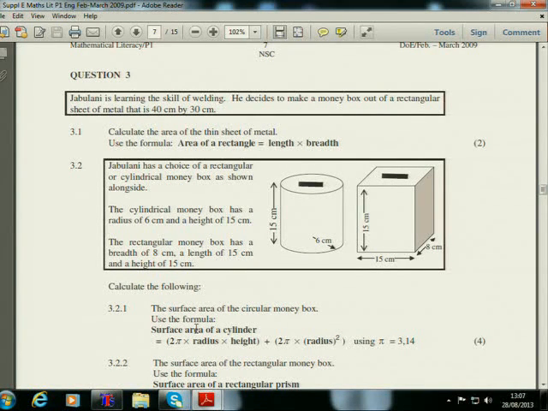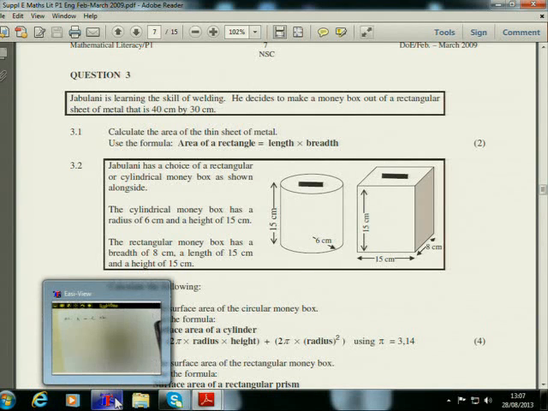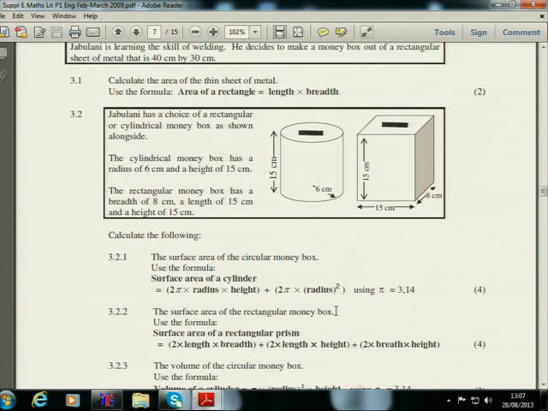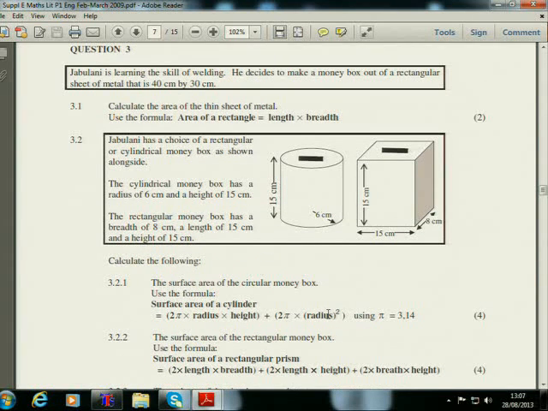We are given a formula that we can use. Area is equal to length multiplied by breadth. I'm sure even if you are not given a formula there, you'll be able to remember the formula itself. Now remember, we are told that the measurements of this rectangular sheet are 40 centimeters by 30 centimeters.